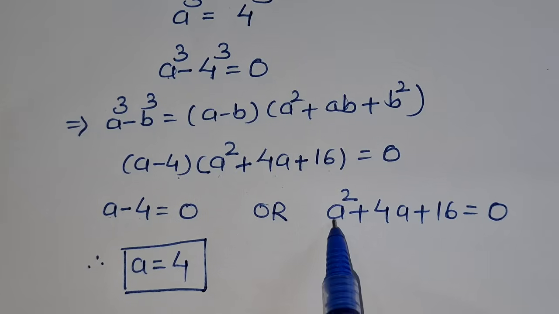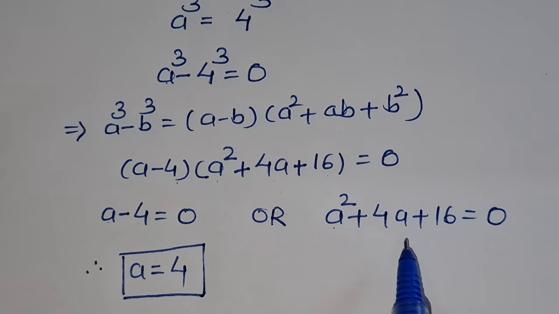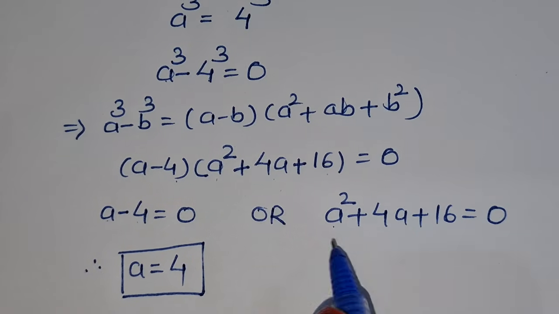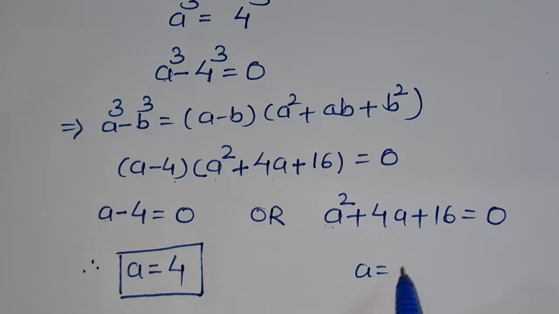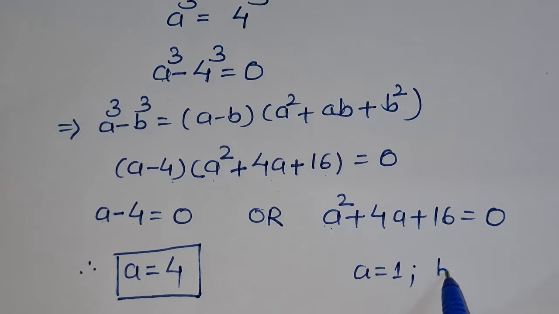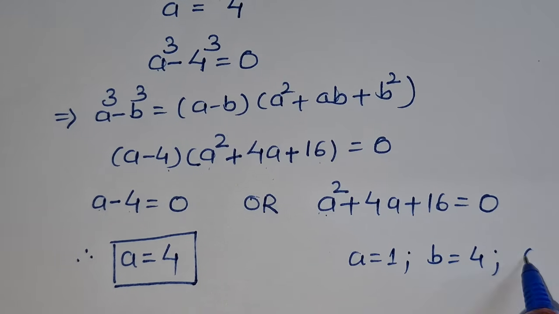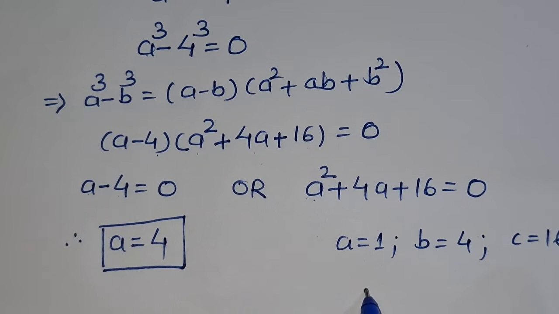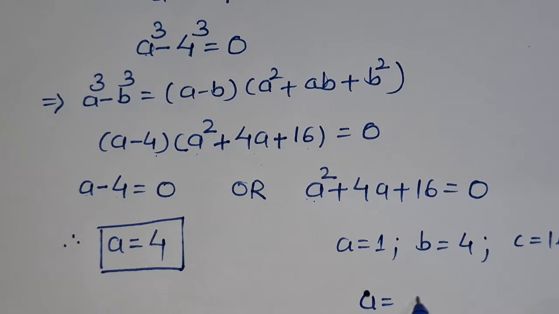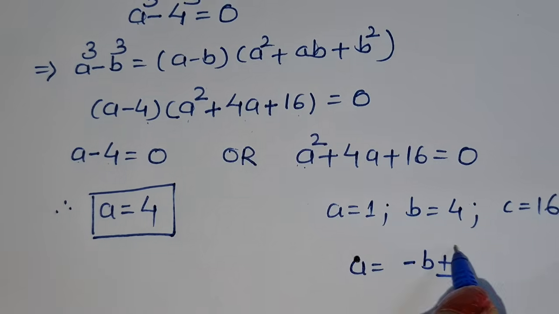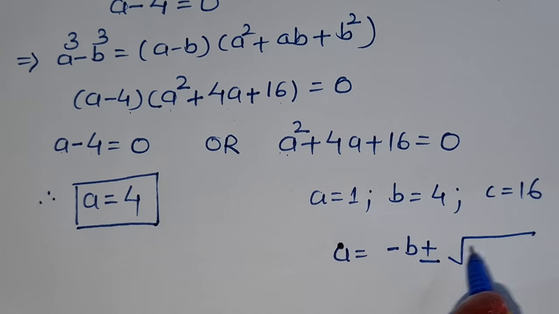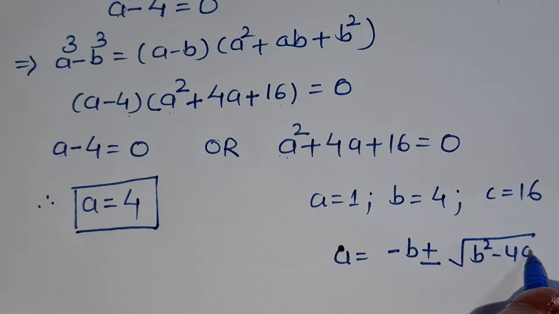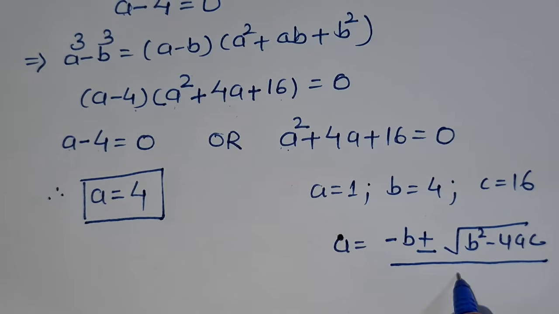Now we have to solve the equation a square plus 4a plus 16 equal to 0. Here the coefficient of a square is a equal to 1, b is equal to 4 and c is equal to 16. So our formula is a is equal to minus b plus minus square root of b square minus 4ac, upon 2 times a.